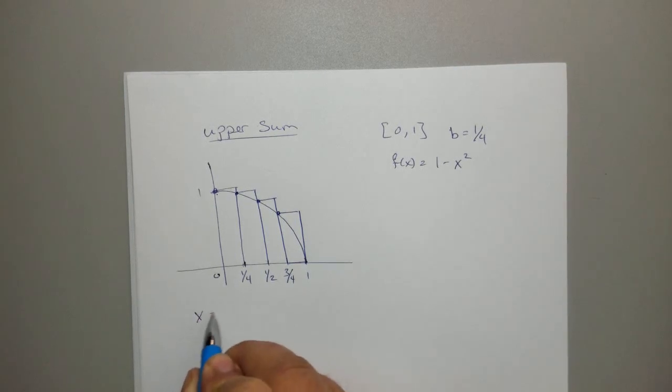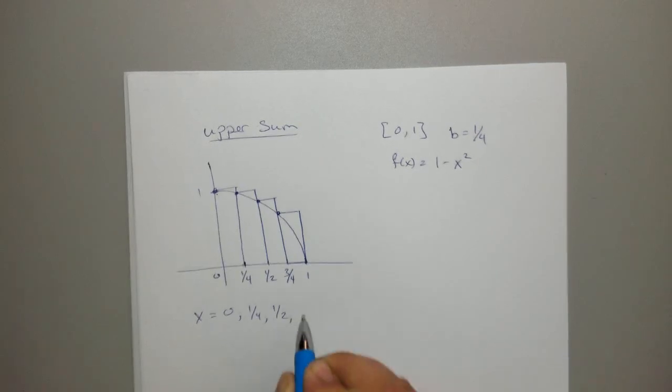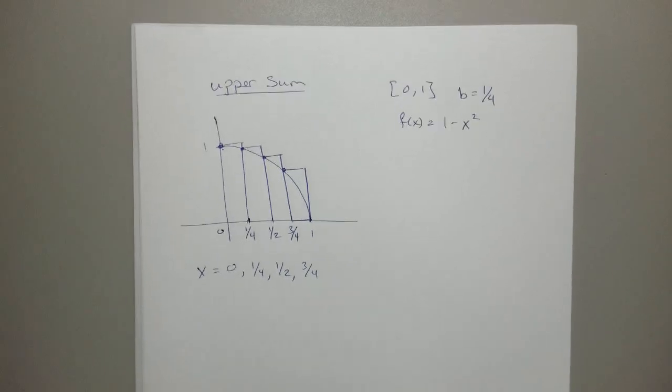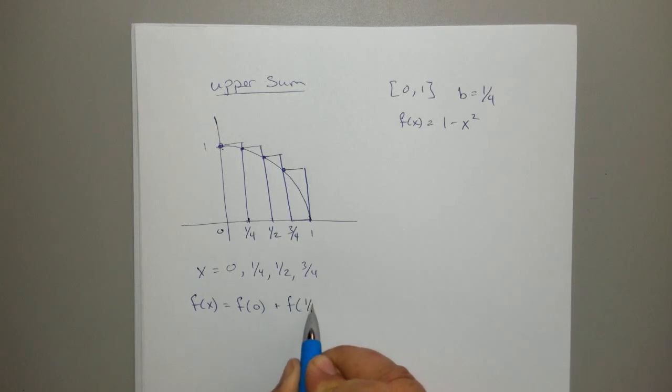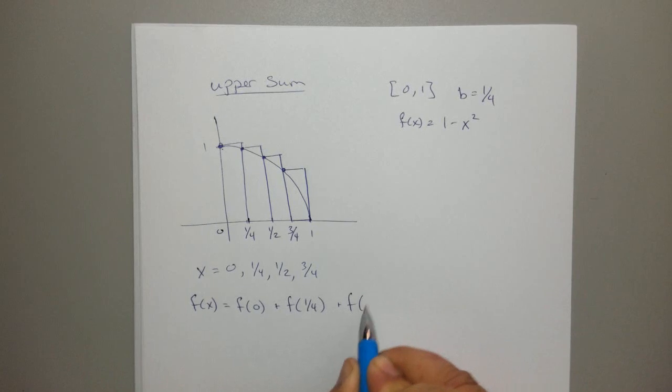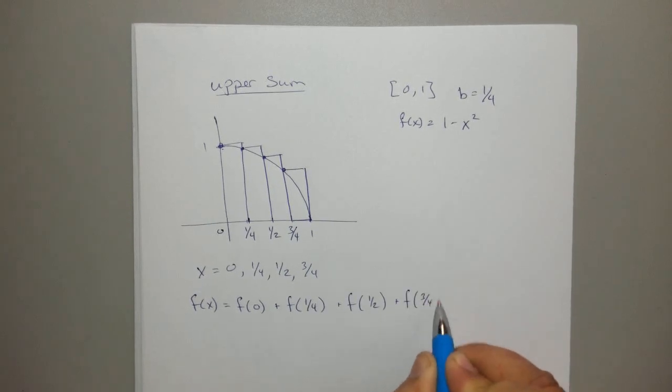So our x's are going to be 0, 1/4, 1/2, and 3/4. Of 0, 1/4, f of 1/2, f of 3/4.